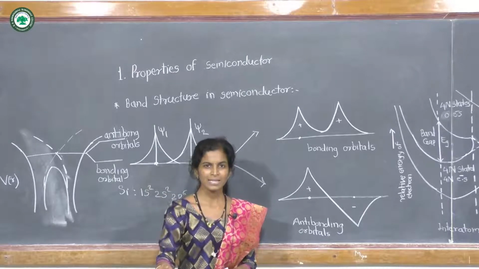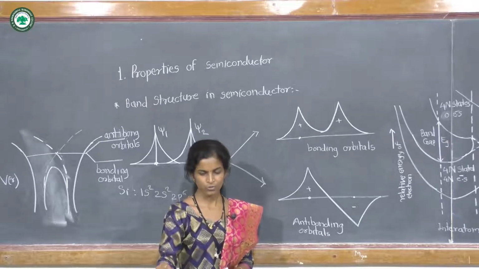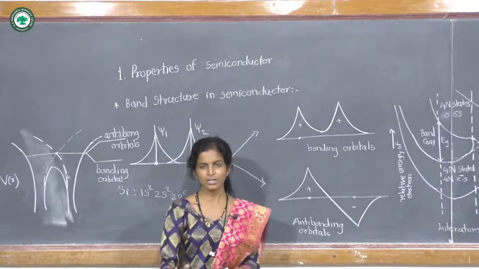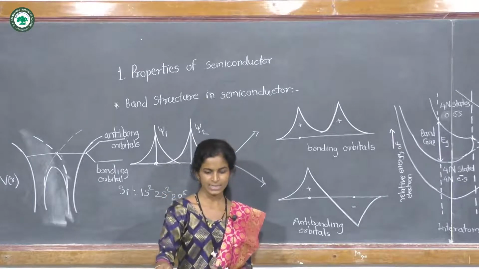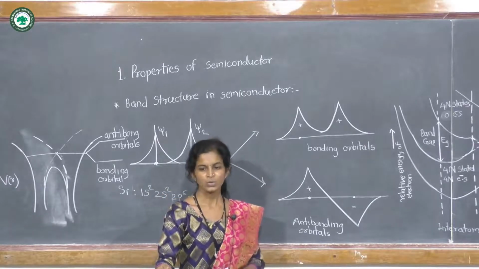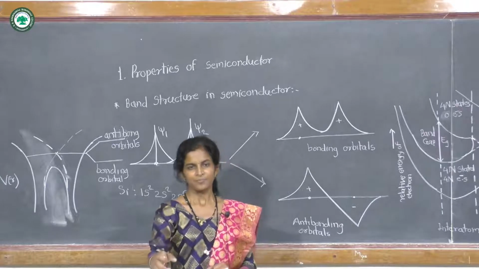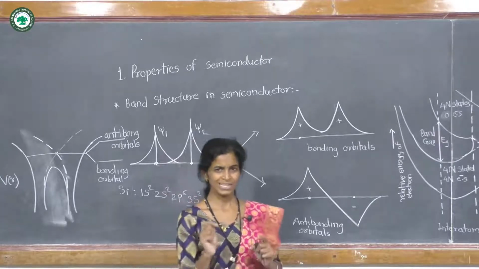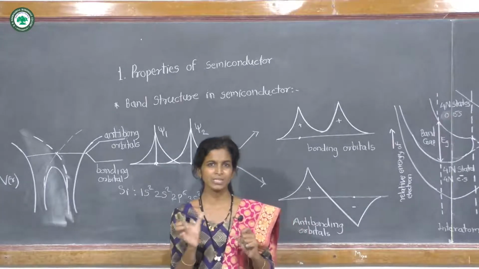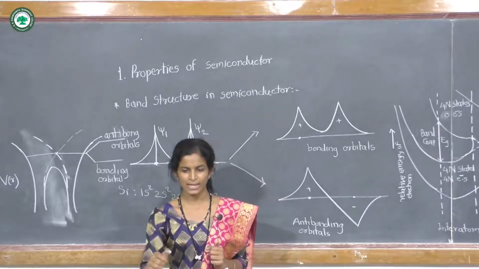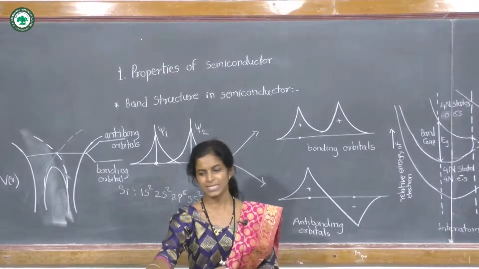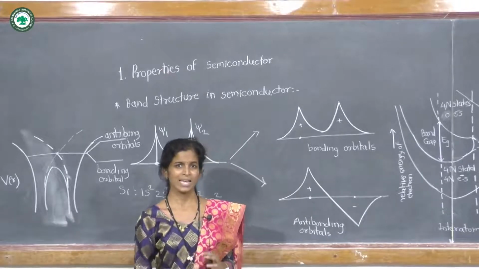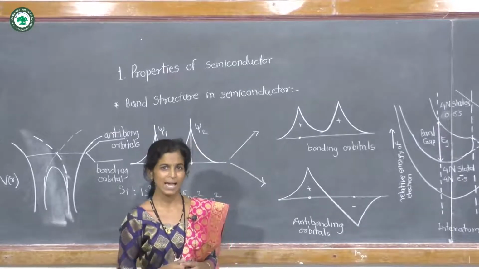To determine the energy levels of bonding and antibonding states, it is important to recognize that when the electron comes in the region between two nuclei, the Coulombic potential energy is lowered as compared to the isolated atoms.